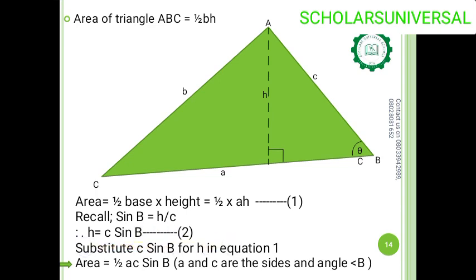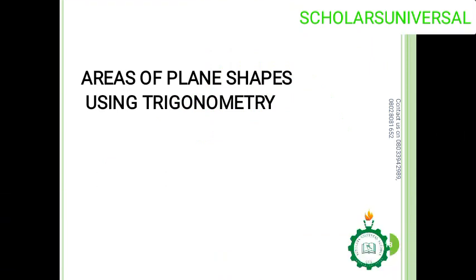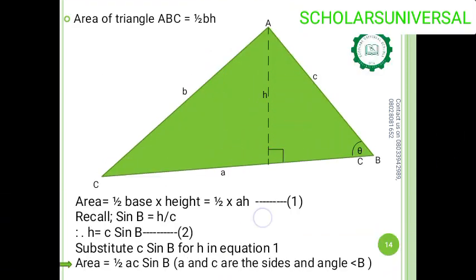Now, when you check this H to be equal to C sine B, you can substitute the value of C sine B into what? Into this equation. Come back to this equation of 1/2 times AH.